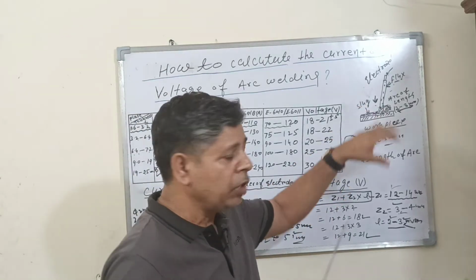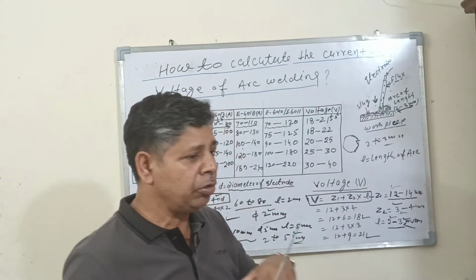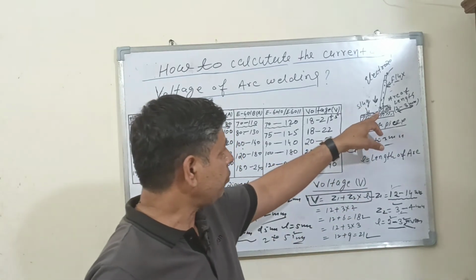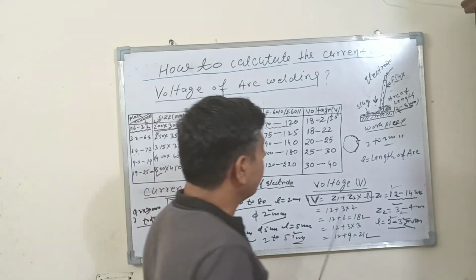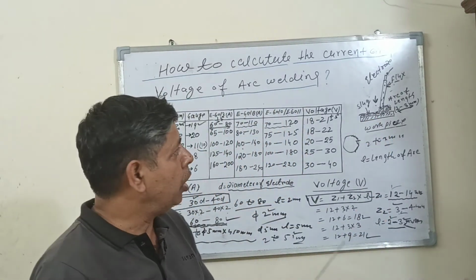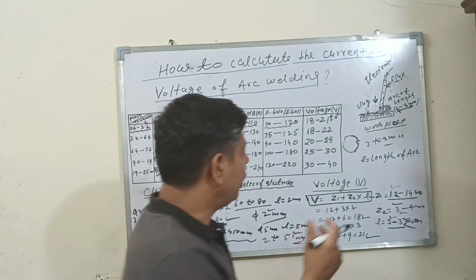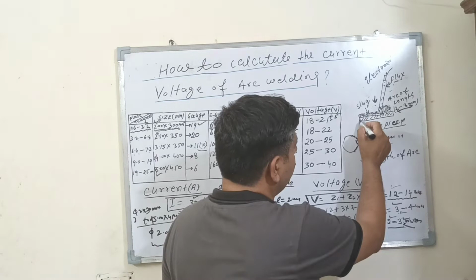So the slag floats on the surface of the molten metal. Slag also helps to maintain the mechanical property of the welding joint, the welding bead.